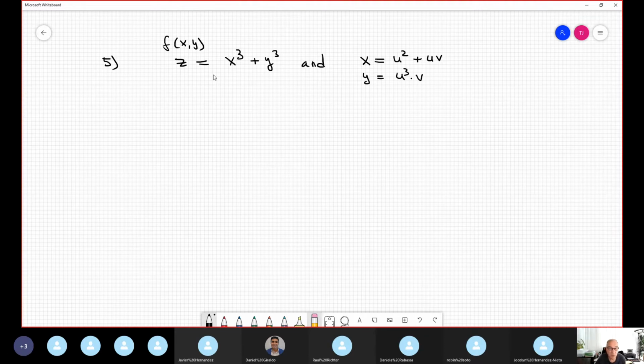The situation is that I need to find partial z with respect to u, and partial z with respect to v. So immediately I draw the tree diagram to understand the chain rule.